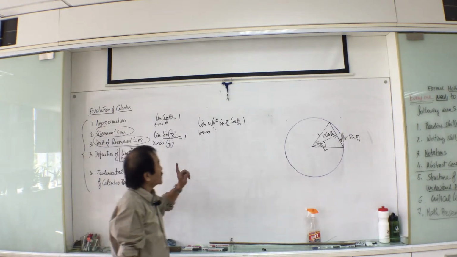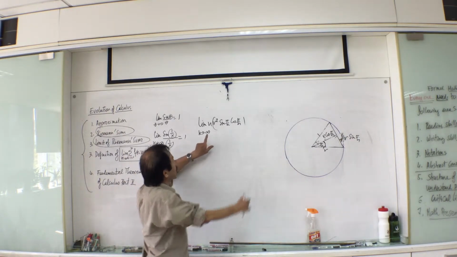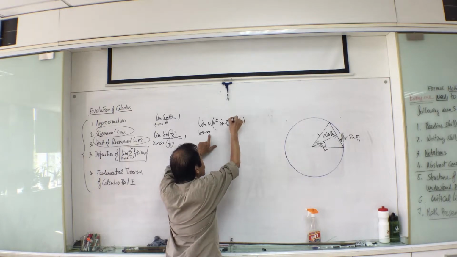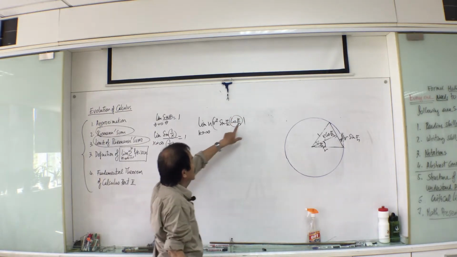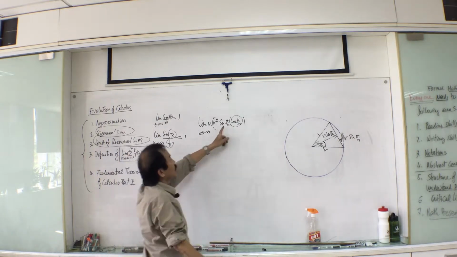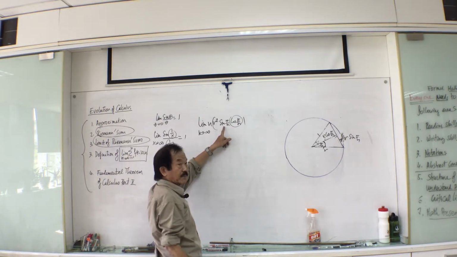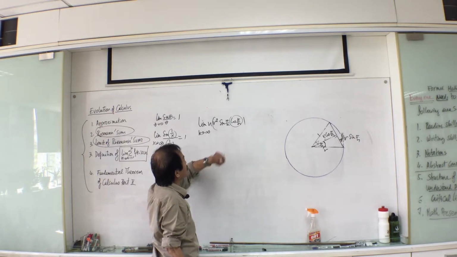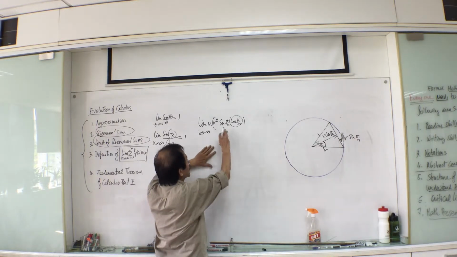Now I try to get this one. If n goes to infinity, this one becomes 1, right? Because cosine of 0 equals 1. But we don't know about this sine of pi over n, since you cannot just put in sine of 0.